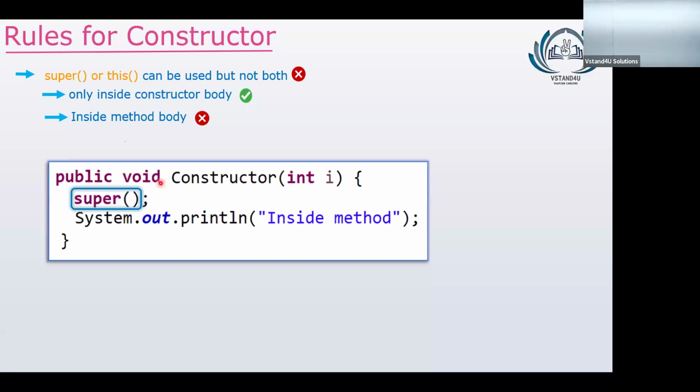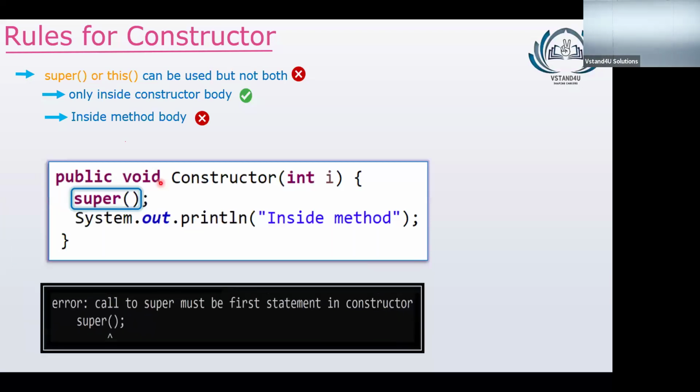No, absolutely not allowed. You cannot call any constructor apart from the constructor body. Constructors are meant to be called only within the constructor body. Within a method body, if you try to call any constructor, that will lead to a problem. This is the problem.